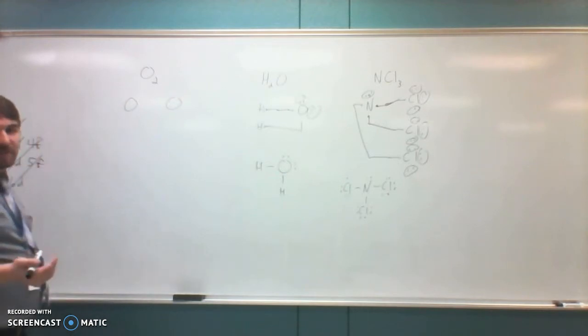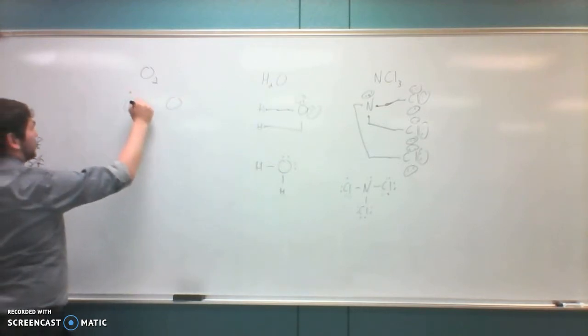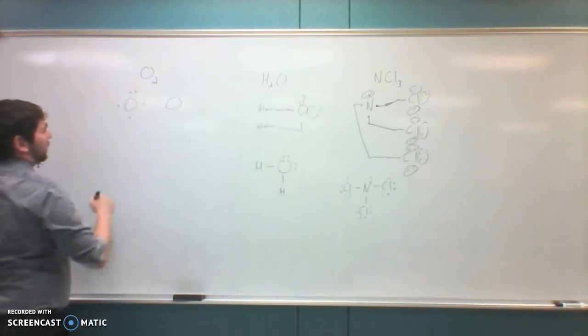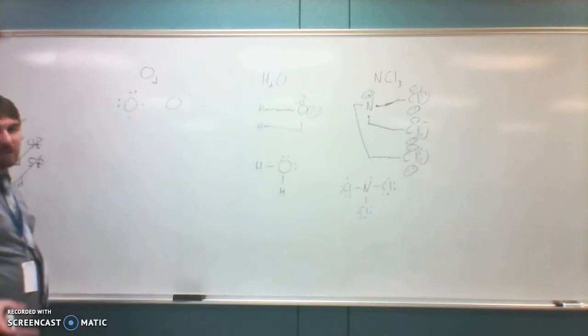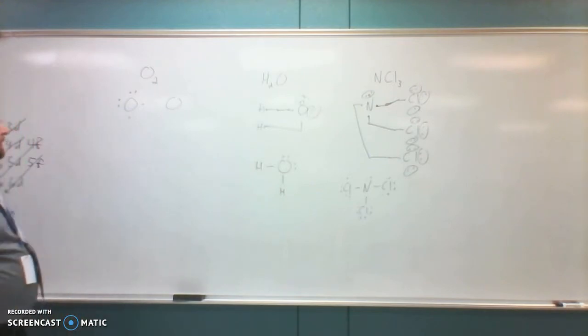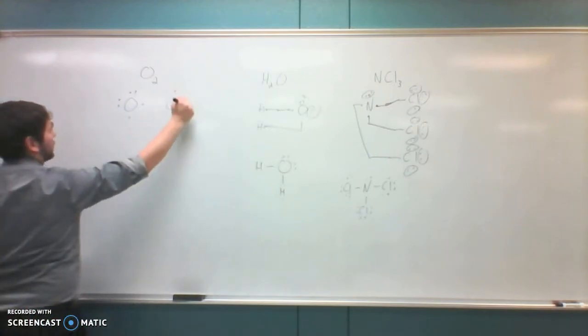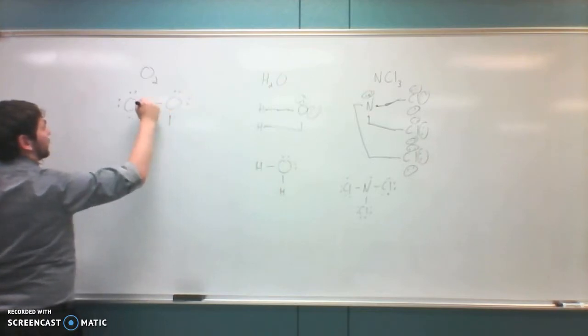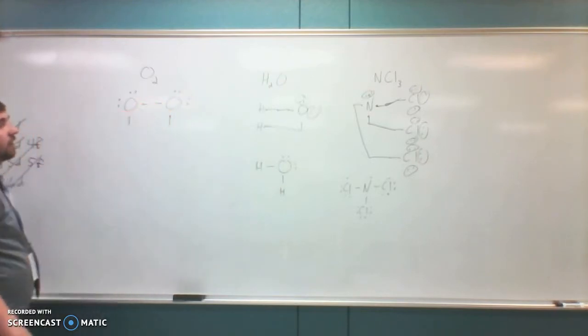Oxygen is in column 6, so 6 outer shell electrons. 1, 2, 3, 4, 5. And since I can rotate these a bit or flip them, I'm going to do it that way. This one, 1, 2, 3, 4, 5, 6. Single electrons. All right.